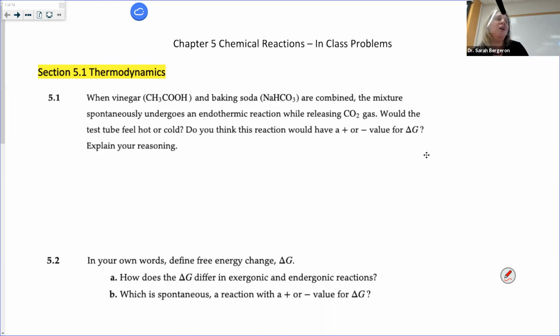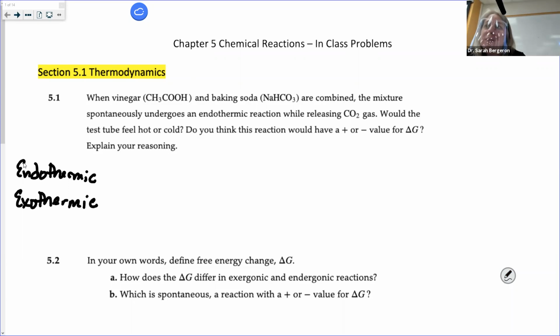I want to talk about all of those parameters before we get into questions about it. The first one has to do with the name thermodynamics. What does thermo refer to? Heat, temperature, right? Okay, so you've heard of something that can be endothermic, and you've heard of something that can be exothermic.